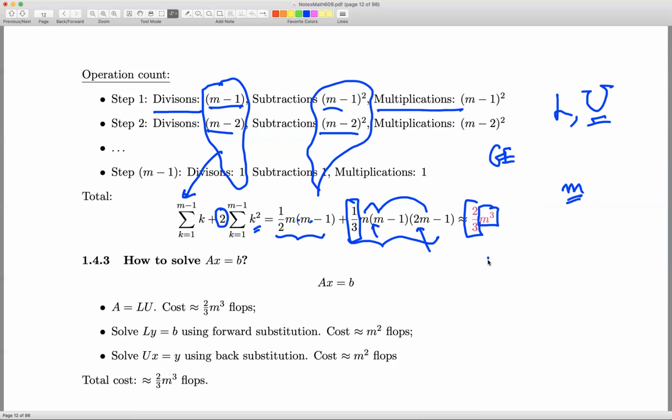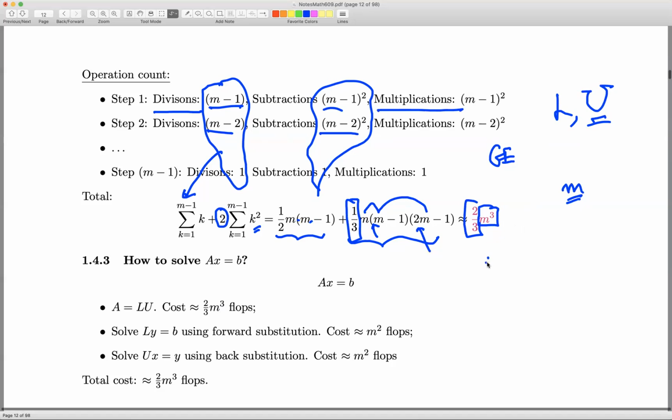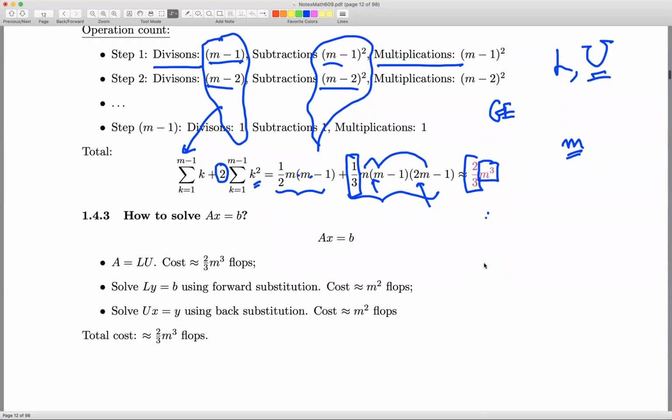And now, how do we solve the system AX is equal to B? You can do it the usual way that you know from linear algebra. You have AX is equal to B. Then you do the elementary row operations until you get to UX is equal to C. And then you solve this with back substitution.